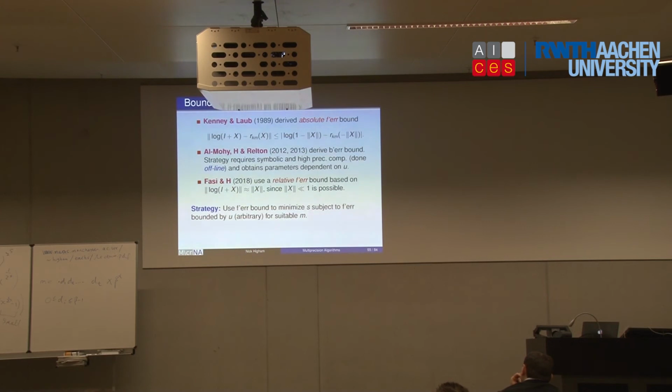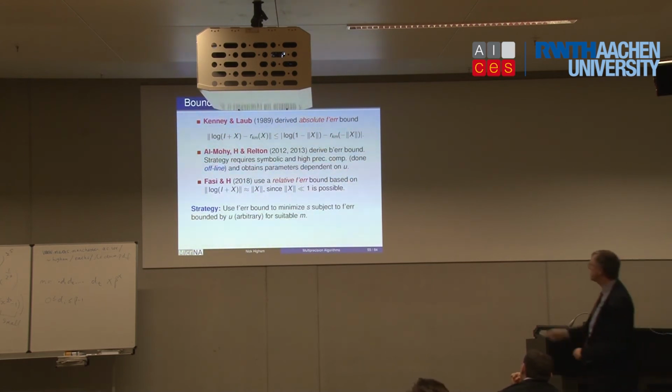But Kenney and Laub in the 1980s derived a very nice error bound for Padé approximants to the logarithm. So it's that equation at the top. So our matrix X, which has got norm less than 1, I'm assuming here, the error in the Padé approximant to log of I plus X is bounded by the thing on the right, and the point is that on the right we've only got the norm of X. So the right hand side is a scalar quantity.